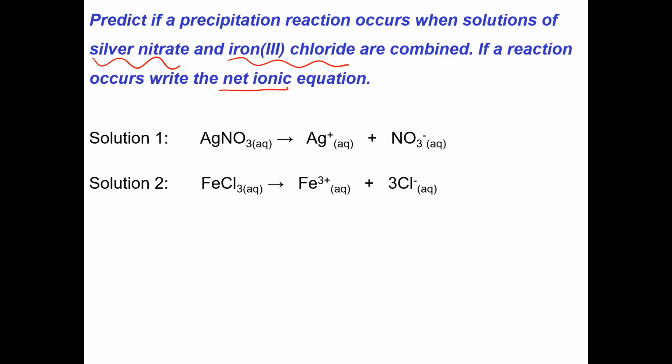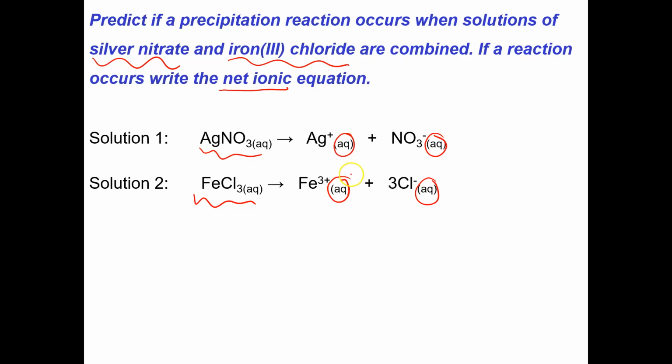So our first solution is aqueous silver nitrate, and that's going to dissociate to give aqueous silver ions and aqueous nitrate ions. Our second solution is aqueous iron(III) chloride, and that's going to dissociate to give aqueous Fe3+ ions and aqueous chloride ions.